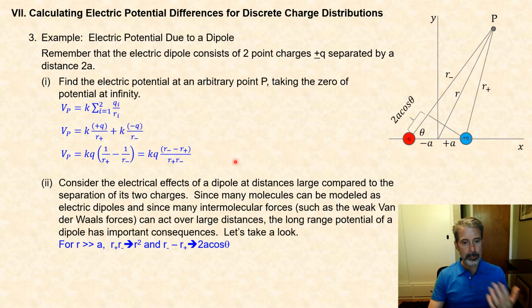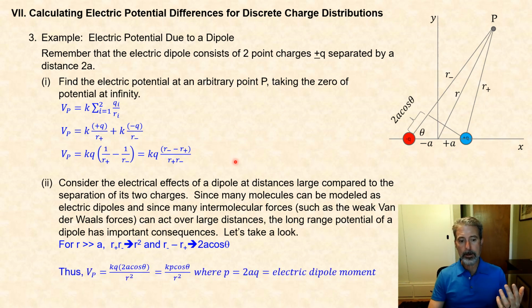So plugging that into the expression we derived in part 1, we said r minus minus r plus is 2a cosine theta, so we put the 2a cosine theta up there. R plus times r minus, which we said is r squared, put that there. We can write the expression for the dipole potential at an arbitrary point P as follows. And I'm sure you've heard of this. Now you know where this comes from here.